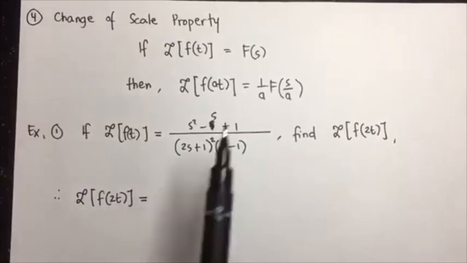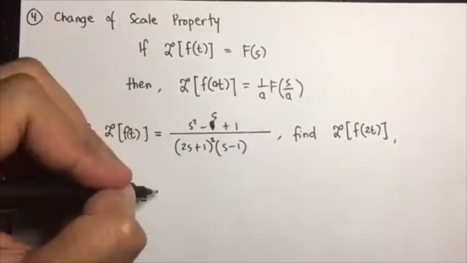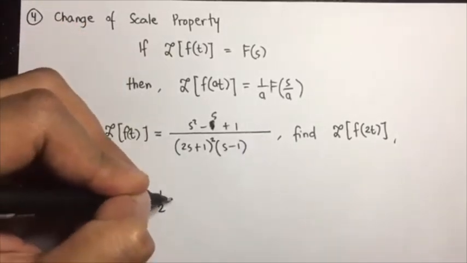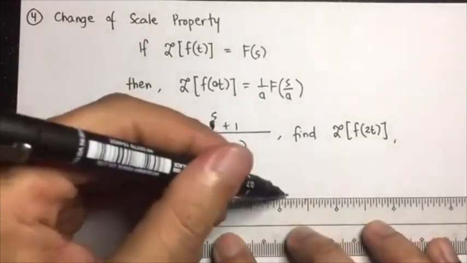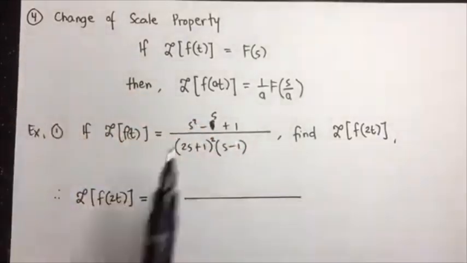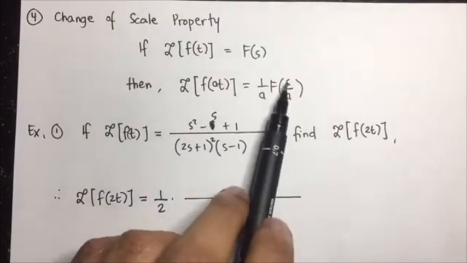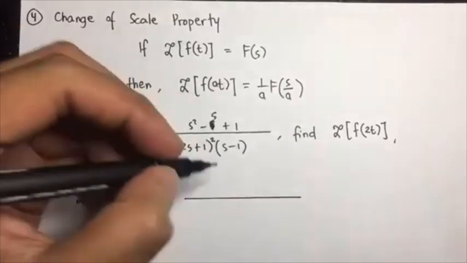So the Laplace transform of f of 2t is equal to, following this, a multiplier of 1 over a, so 1 over 2, multiplied by F with all of the s replaced with s over a, or s over 2.